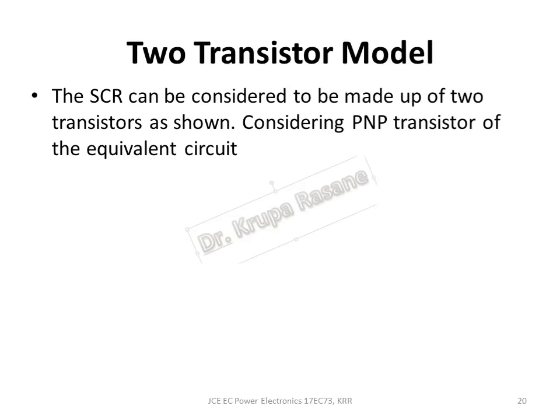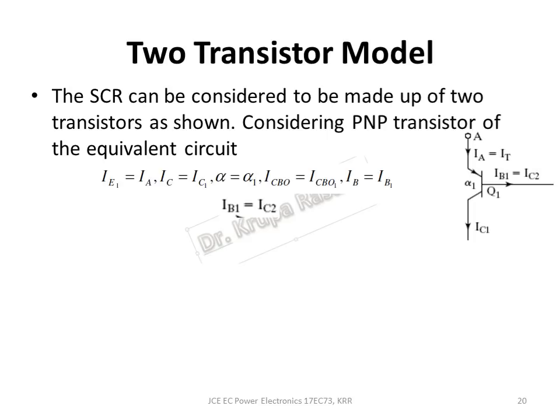Okay. So the SCR can be considered to be made up of two transistors, as we have seen, PNP and NPN, and hence IA, the anode current, becomes the thyristor current, and I'm calling it Q1. Don't get confused, this is the same as T1, and it will have its own current gain, that is alpha 1.